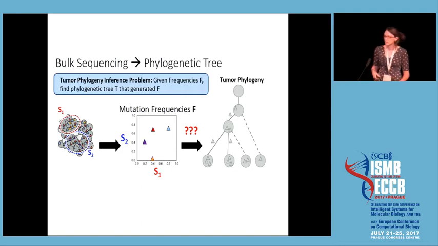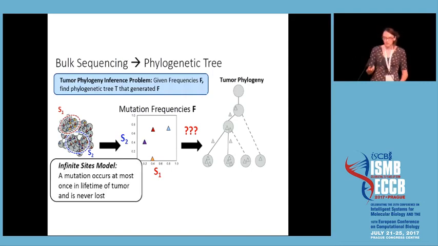There are any number of models we could consider: maximum likelihood, maximum parsimony, and for today I'm going to look at what's possibly the simplest model, the infinite sites model, which assumes that a mutation is going to occur at most once in the lifetime of a tumor, and it will never subsequently be lost. This model has been widely used for single nucleotide variants in cancer, as we have a relatively short evolutionary time span and relatively few mutations compared to the length of the genome.